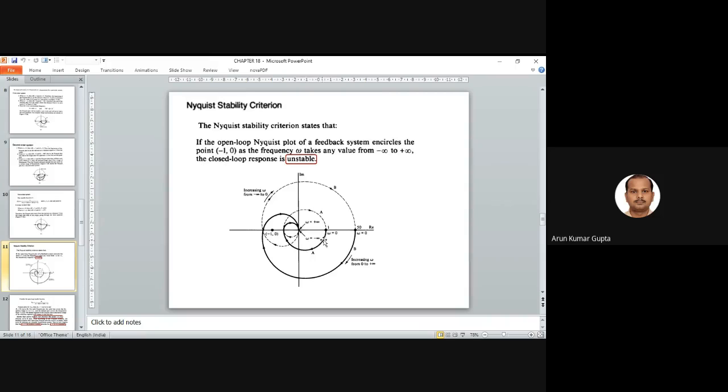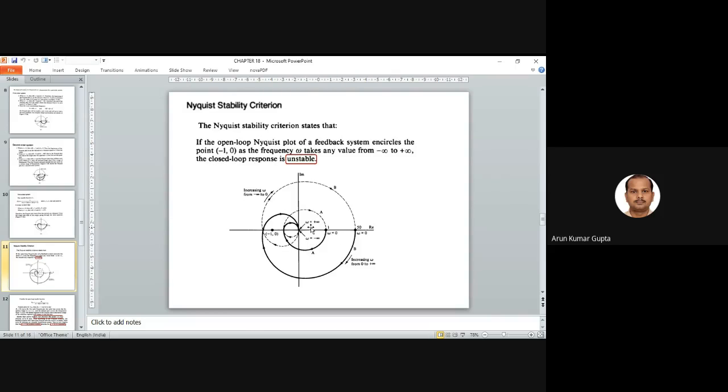Let's say we make a plot of a particular system, it is showing like this. We make a plot, it is showing like this, right? And as you know, this is basically, you can say, a mirror image also. We can also represent the mirror image. This is a mirror image of this plot.